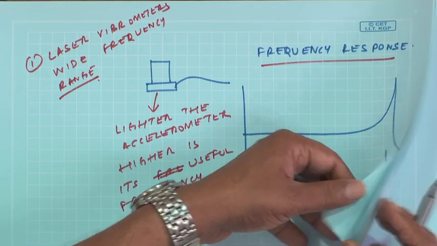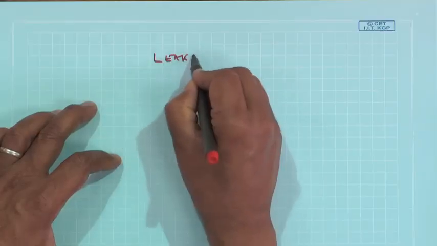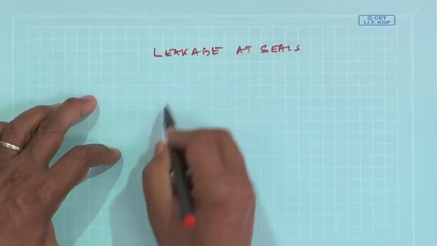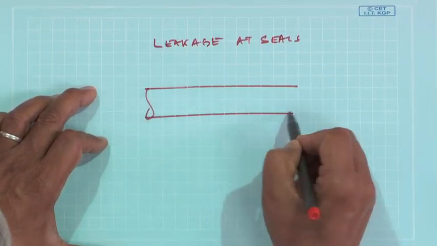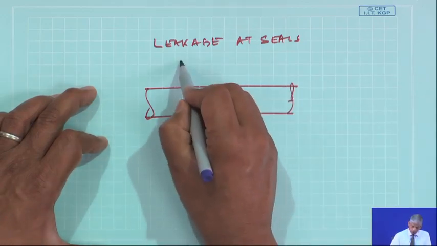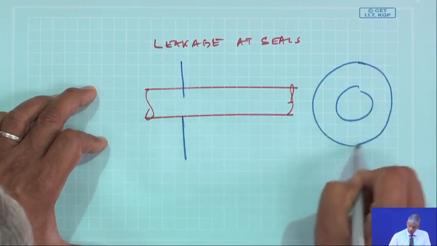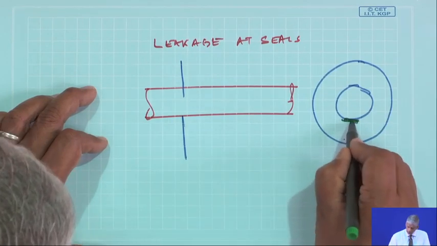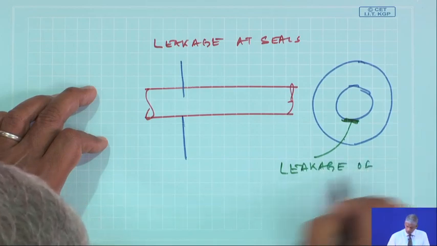Of course, another problem which occurs in all these fluid devices is the leakage at the seals. So, if a shaft is running and all around it there is a seal and there is a leakage past the seals, some leakage of the fluid.